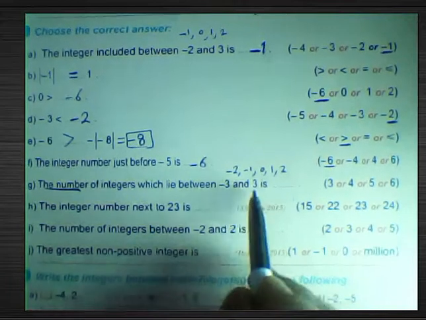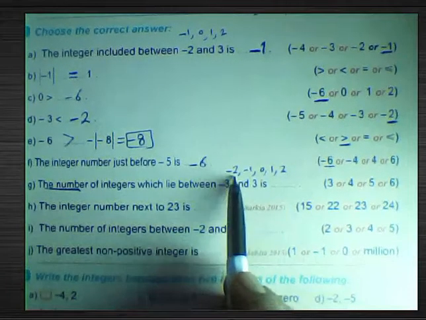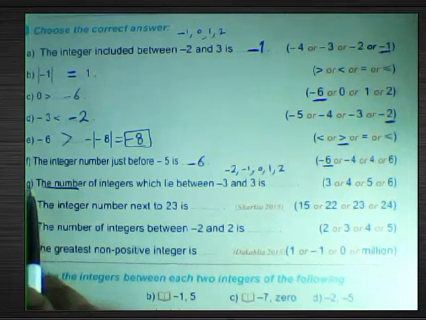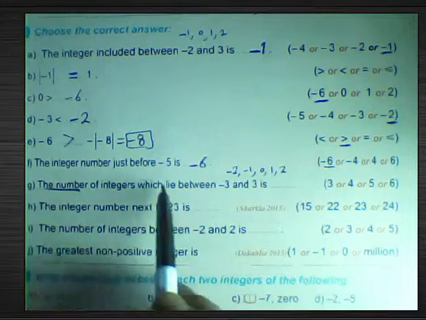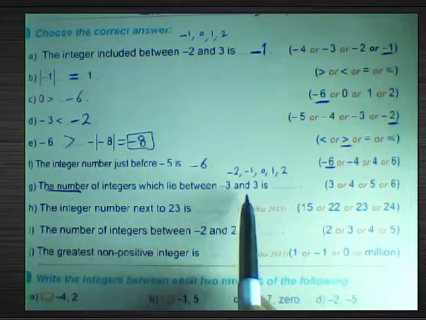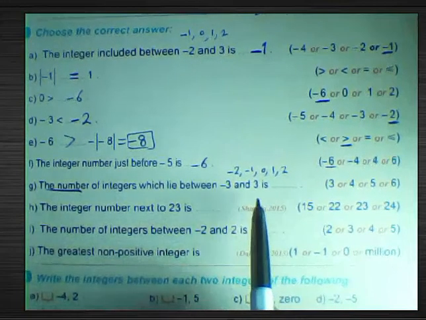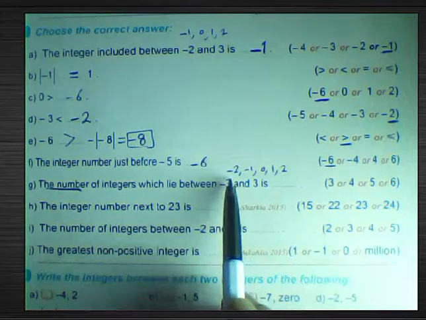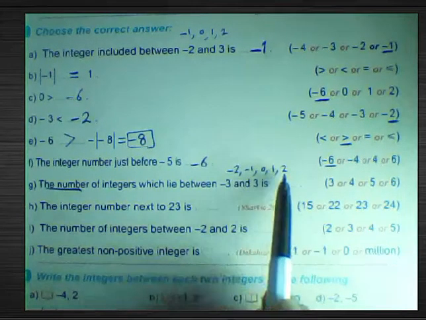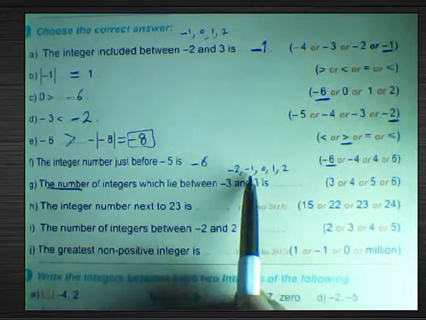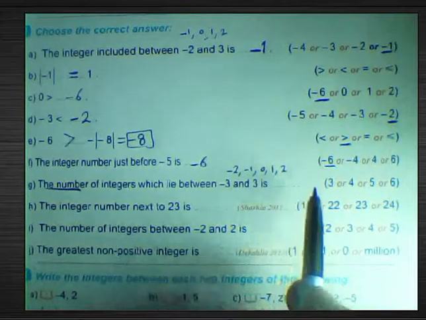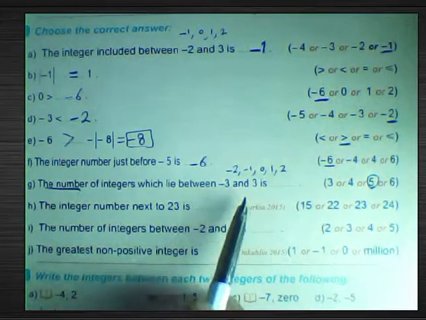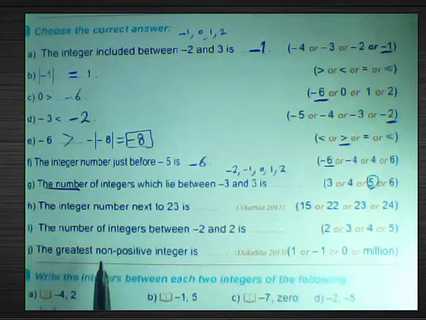You can count the result: 1, 2, 3, 4, 5. So in this question you must find all integers that lie between negative 3 and 3, and then count the result. Negative 2, negative 1, 0, 1, 2. We have 5 integers between negative 3 and 3.